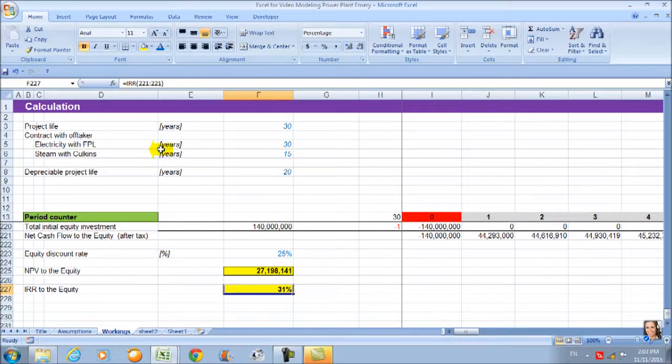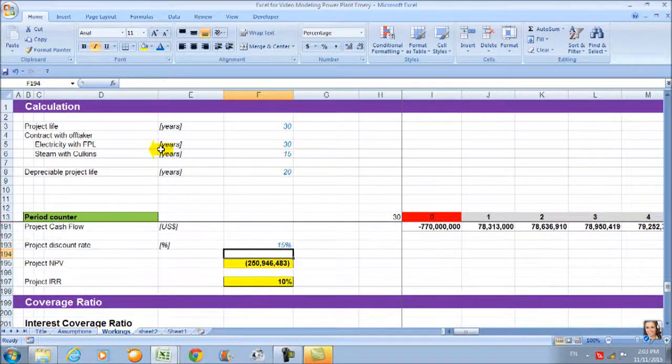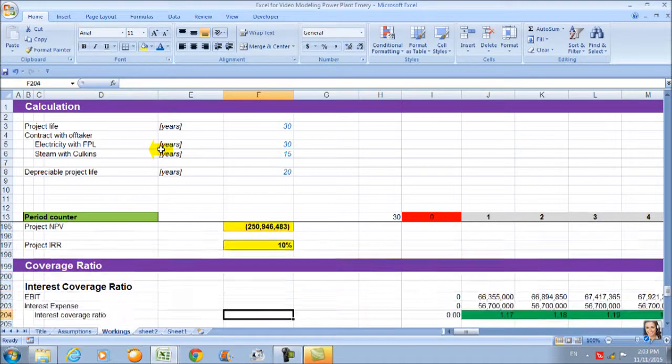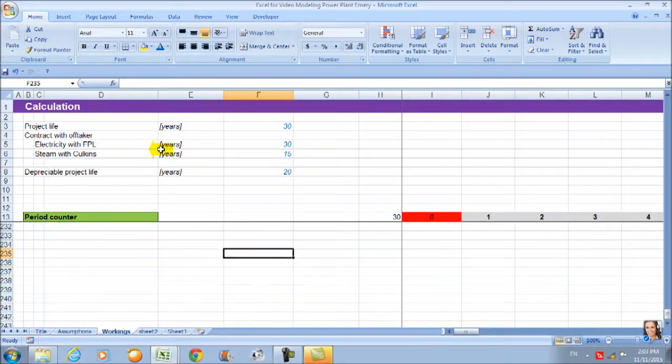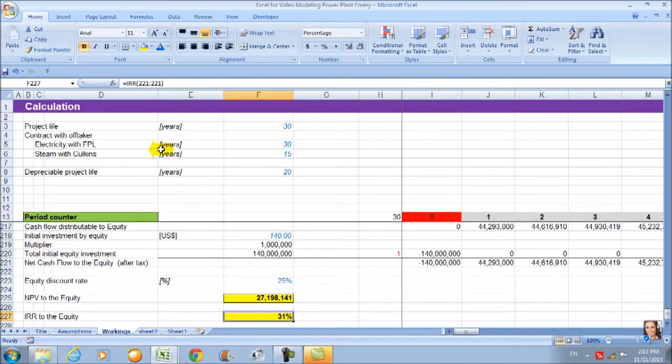So NPV of the project is negative and this is positive. It's very interesting. I think there's something wrong here. I'm going to discuss that in another video. Normally if you find that the NPV of the project is positive, the equity of the project is negative.